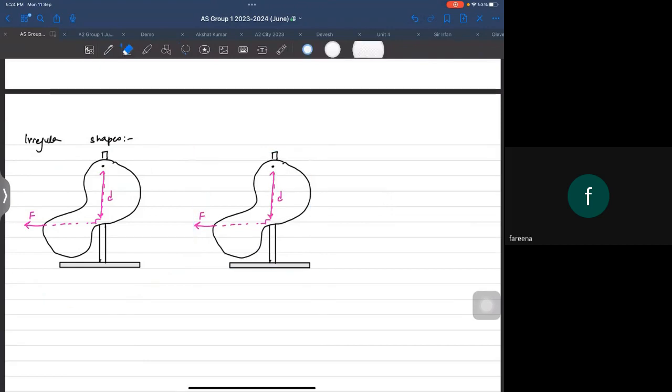If I stop applying this force, what happens is that this object, if let's suppose its center of gravity was somewhere here, maybe here, the weight is acting this way, and because weight is acting this way, the distance perpendicular from the pivot is d. That is why it is going to come and rest at the normal location like this. Do you guys get it? So it'll come back to its equilibrium position because of the center of gravity not aligned with the pivot.